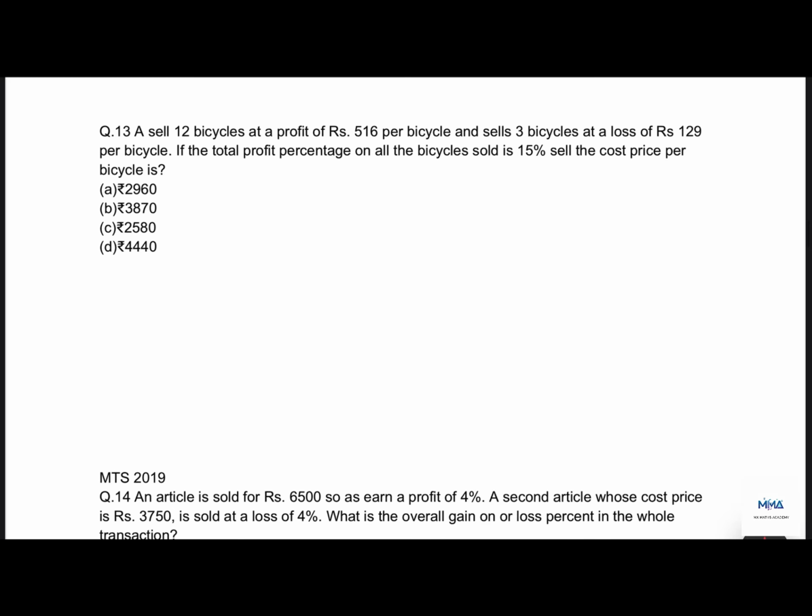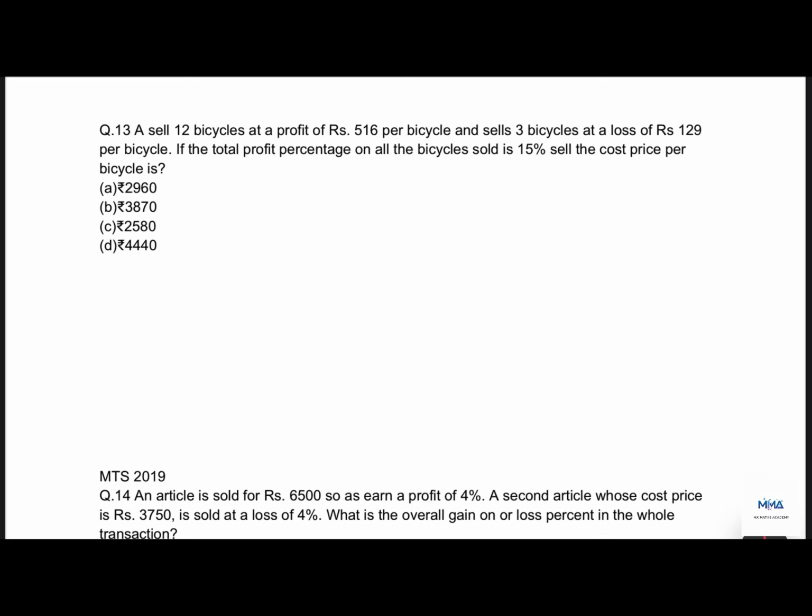A sells 12 bicycles at a profit of 516 per cycle and sells 3 bicycles at a loss of rupees 129 per bicycle. If the total profit on all the bicycles sold is 15%, the cost price per bicycle is. Here initially let us find out the total profit or loss. So you multiply 12 with 516, 6192, 3 129s are 387, 5805.